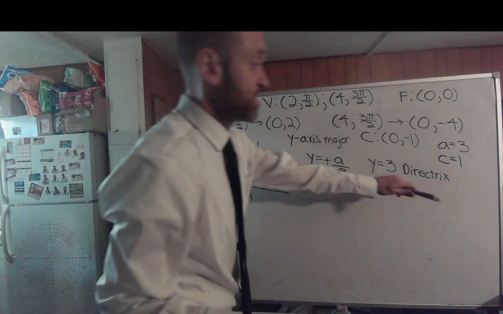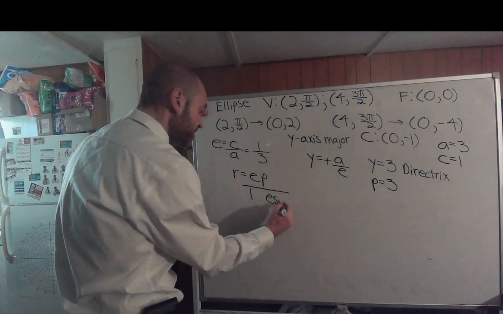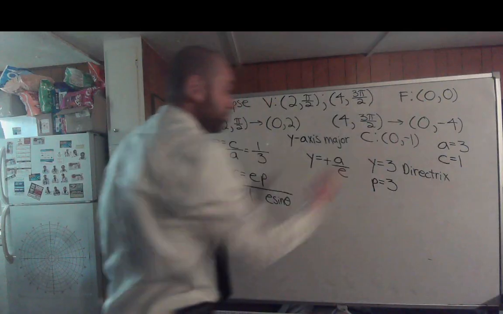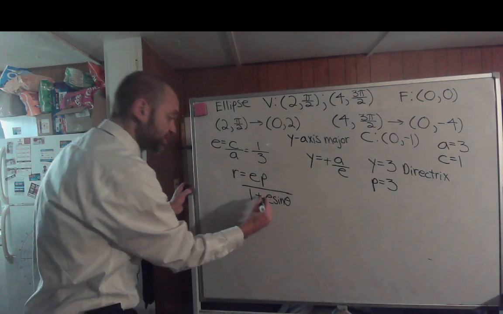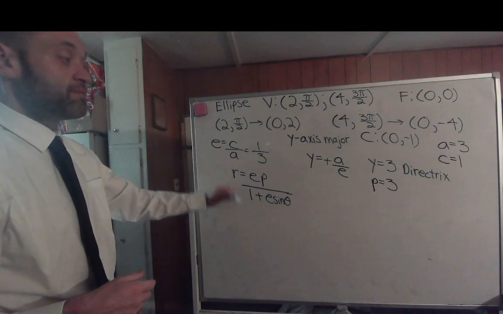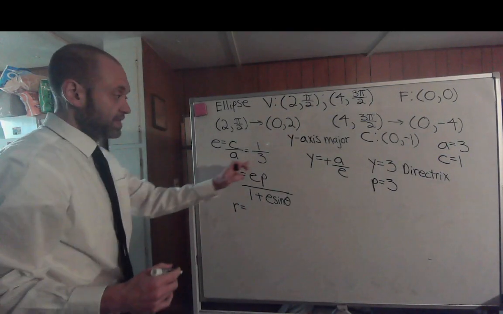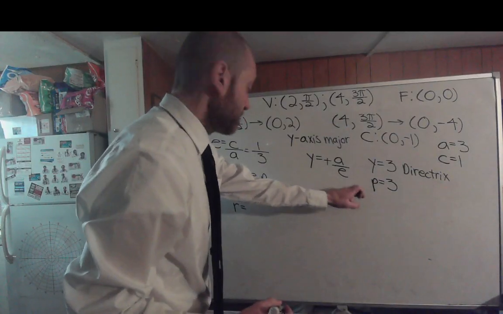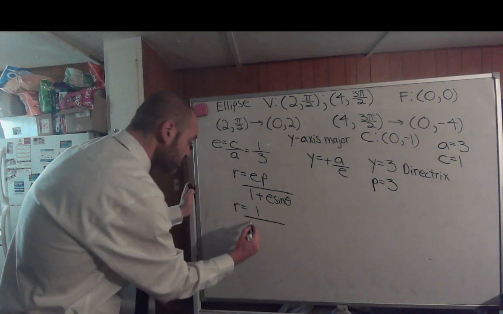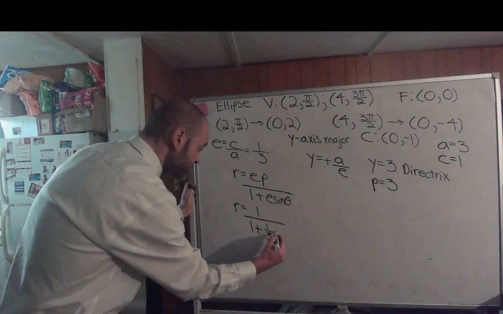Notice the directrix is y equals, so that's going to put us in the form of E sine of theta. Now the directrix is above the pole, above the focus, so this will end up being plus. We have enough information now to go ahead and plug it into the formula. So E is 1/3 times P is 3. 1/3 times 3 is actually 1. All over 1 plus your eccentricity of 1/3 times the sine of theta.